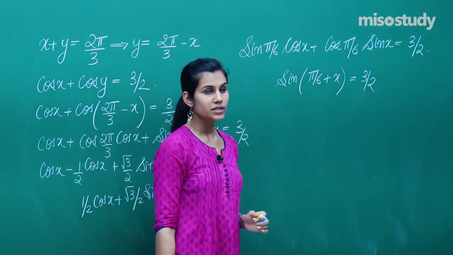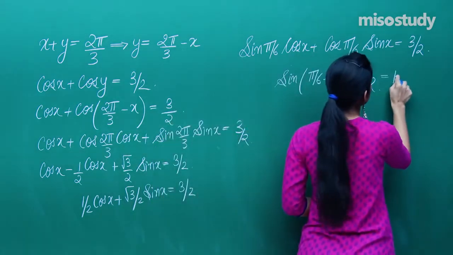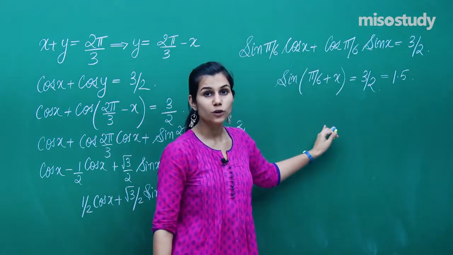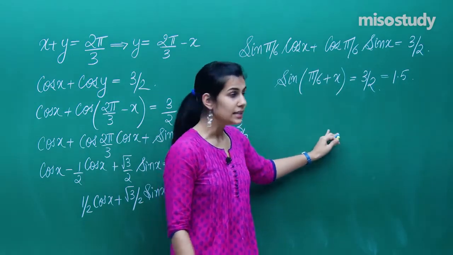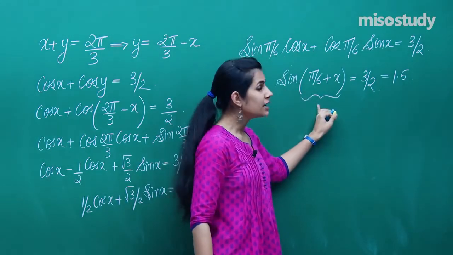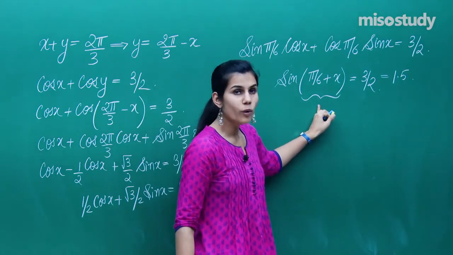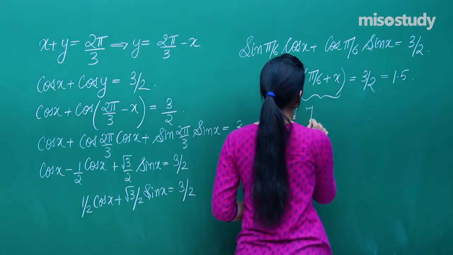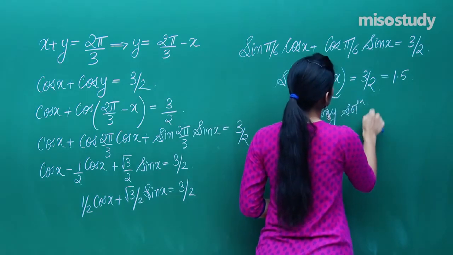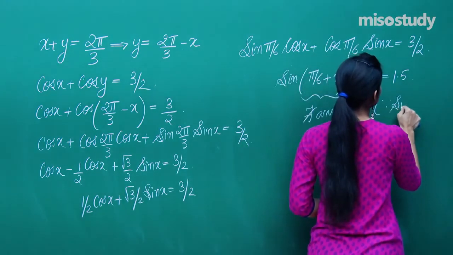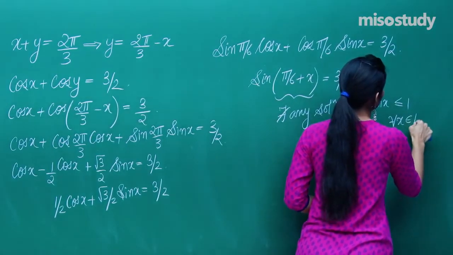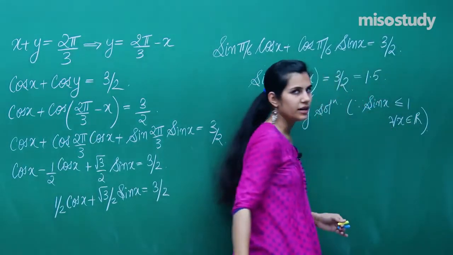And now comes the twist. 3 by 2 is 1.5, whereas sine of any angle is less than or equal to 1 for every angle. Whatever this real number is, sine of this real number can never exceed 1. That means there does not exist any solution, since sin x is less than or equal to 1 for every real number x.